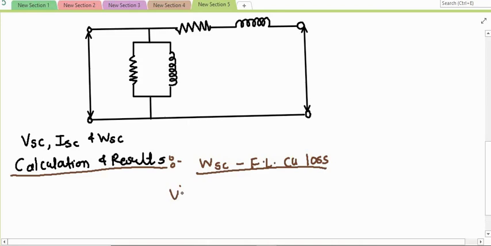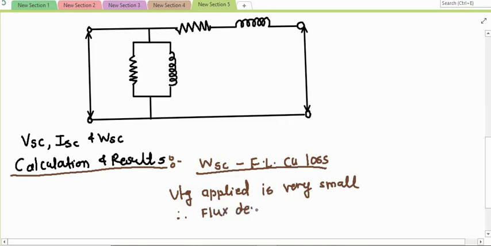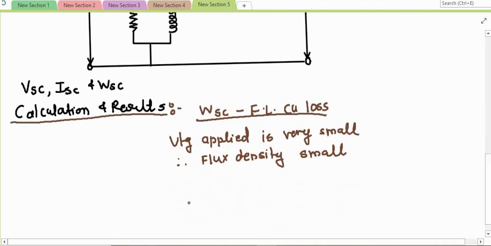Voltage applied across the primary during the short circuit test is very small, therefore flux density will be small, and hence the iron loss of the transformer under this condition is approximately equal to 0 in comparison to the copper loss.